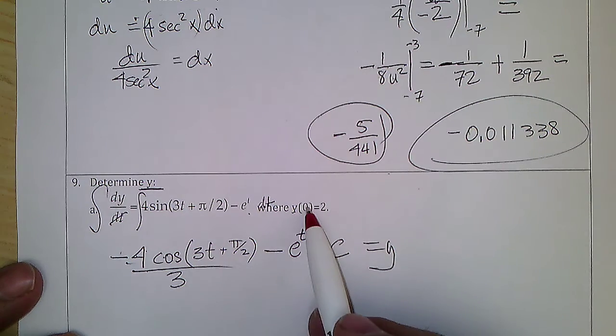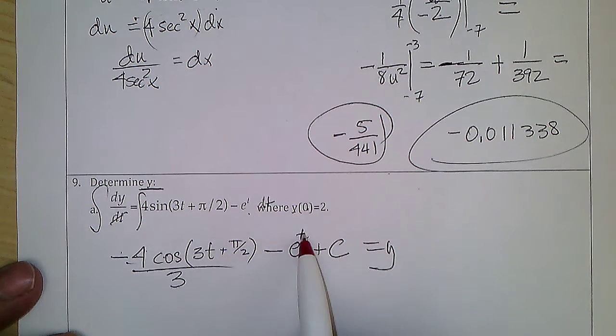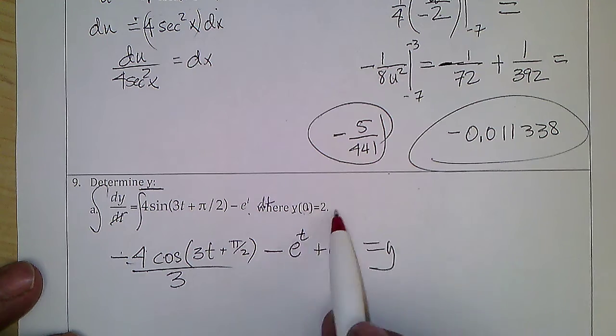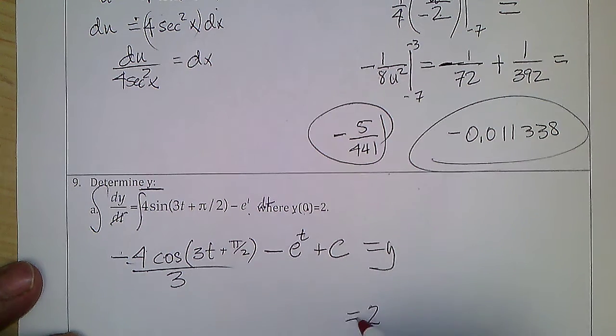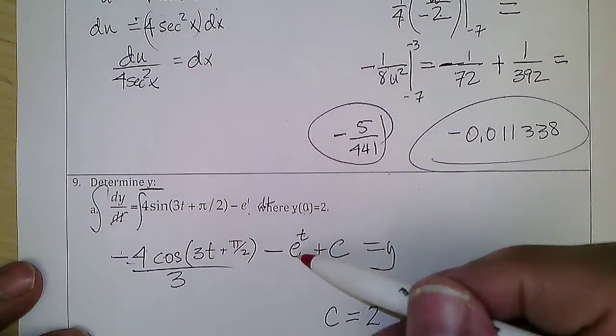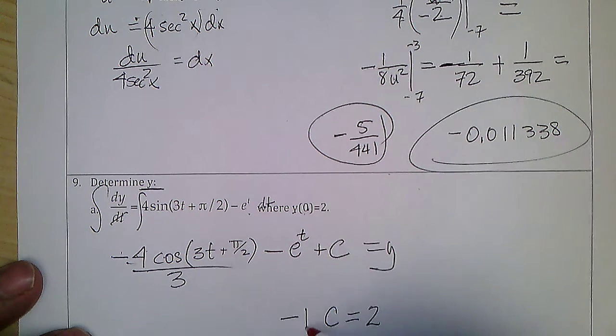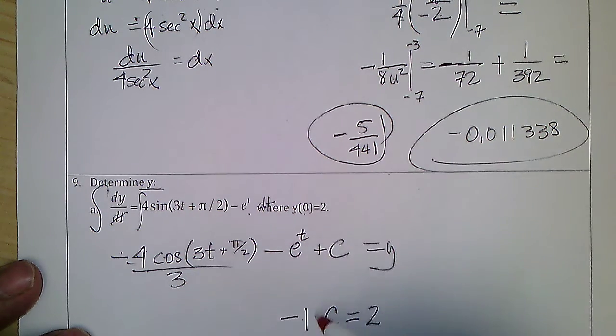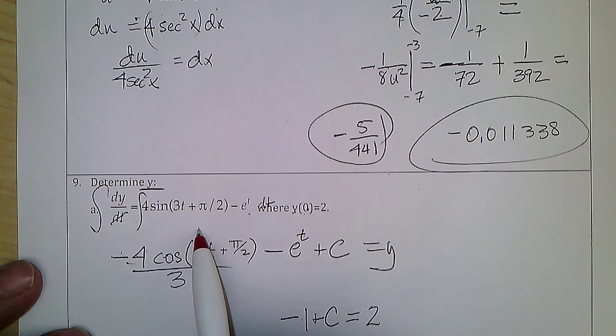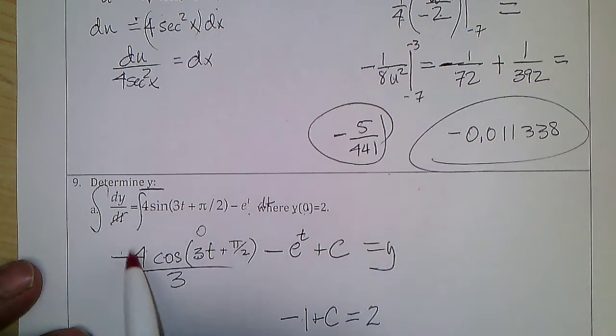And when t is 0, so if I put 0 in there and 0 in there, I'm supposed to get 2. And e to the 0 is 1, so we got minus 1. And 3 times 0 is 0, plus pi over 2, cosine pi over 2 is 0. So all of this is 0.